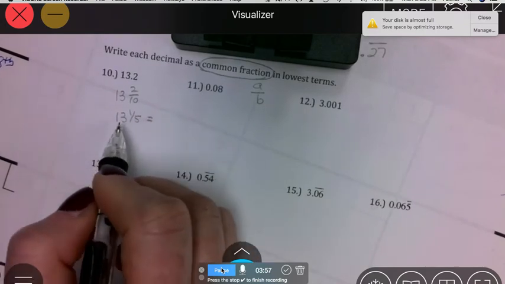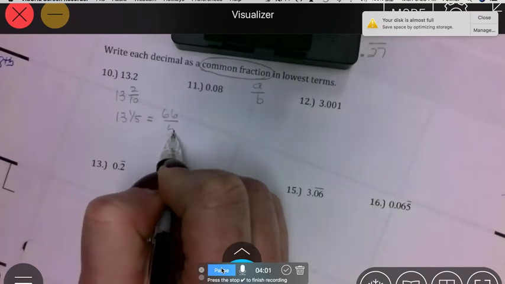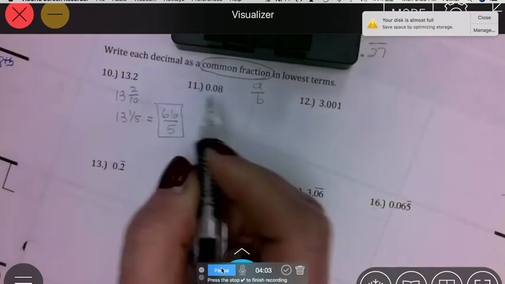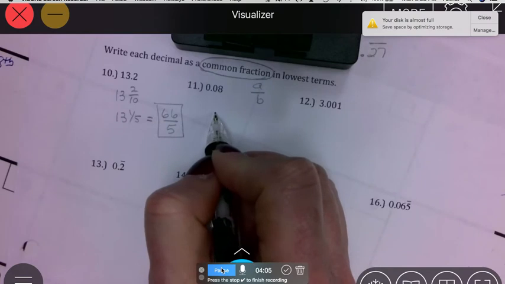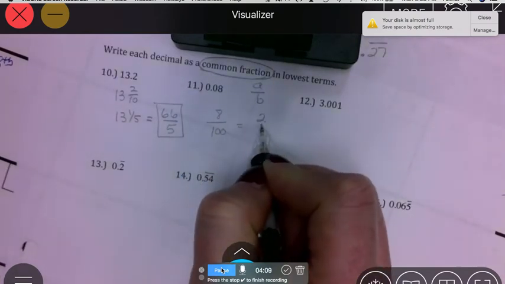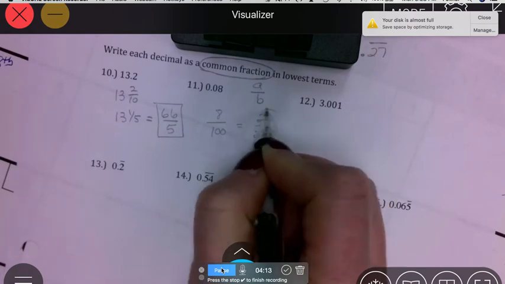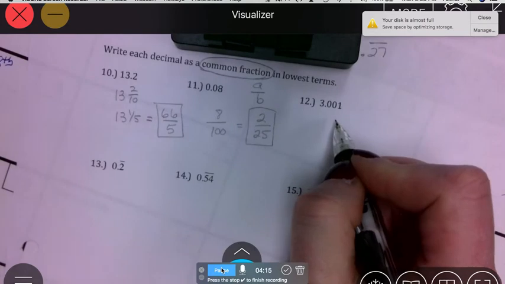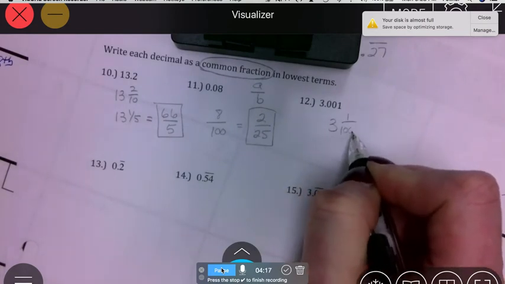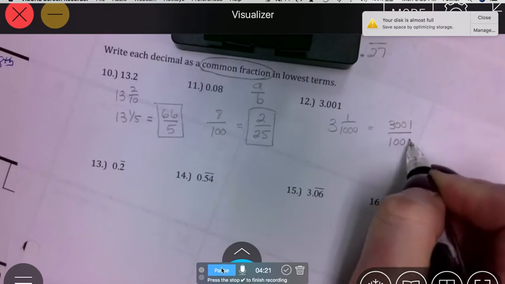Writing it as a common fraction would mean making this improper, giving 66/5. 0.8 would be 8 over 100, and then reducing by 4. And 3.001 would give you 3,001 over 1,000.